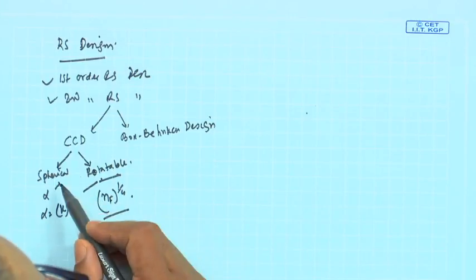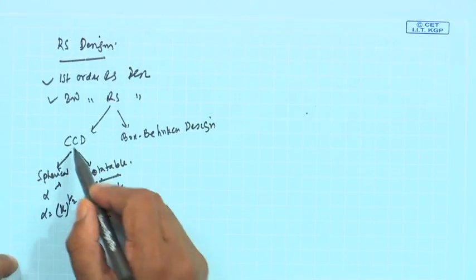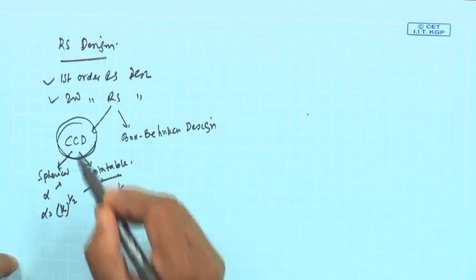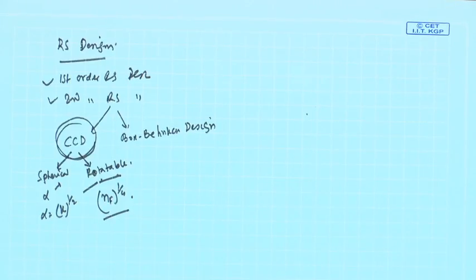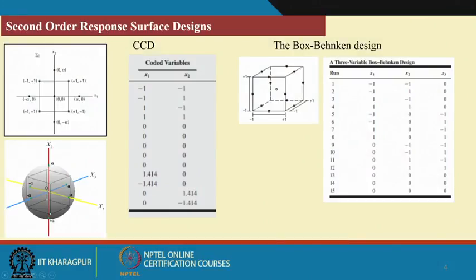Now, let us see the central composite design with two factors, and that looks like this. The central composite design has factorial points, the central point and axial points, and depending on the value of alpha it will be CCD or rotatable.